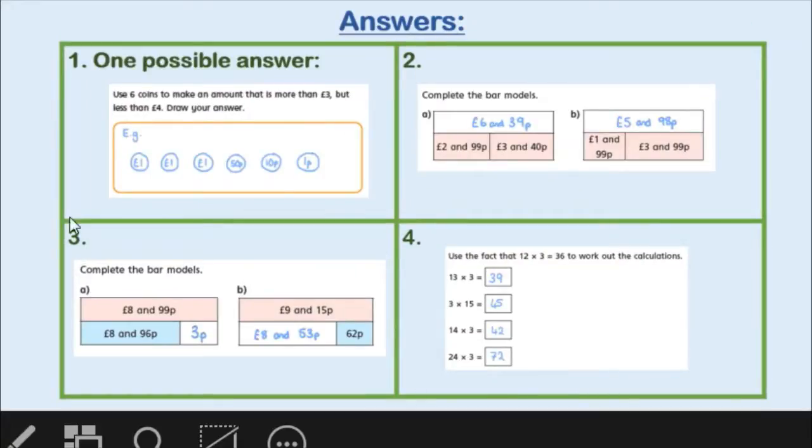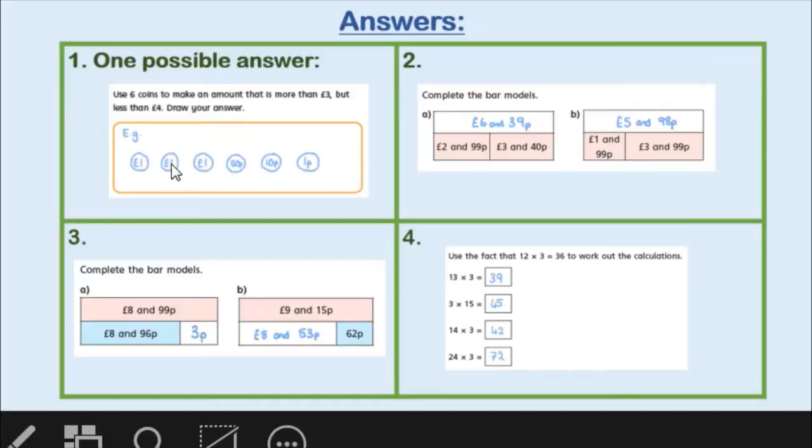Here you go. So number 1, this is just one possible answer, but there could be lots of answers. I'm not saying there's only one possible answer, I'm saying this is just one potential answer that you might have. Here we've got 1, 2, 3 pounds, 50p, so 50 and 10 is 60, so £3.61. That's a potential answer. Oh sorry, no, you're using 6 coins, aren't you?